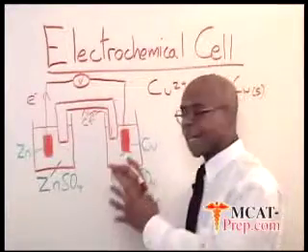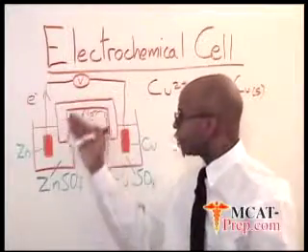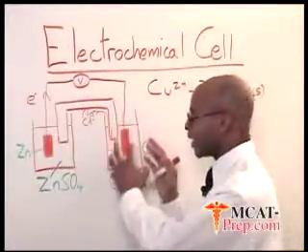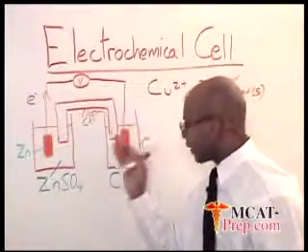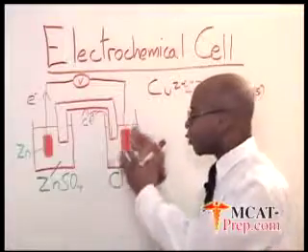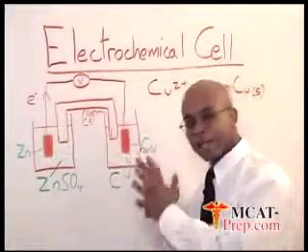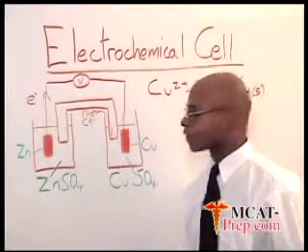In other words, it helps to maintain neutrality. That's one of the objectives of this salt bridge, to maintain neutrality. Instead of having a cup full of negative ions, which wouldn't happen anyway, in order for the reaction to continue, the sodium comes flying in here and rescues the situation.